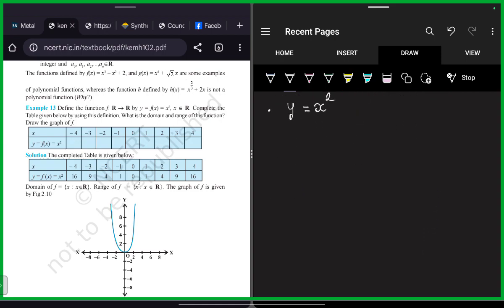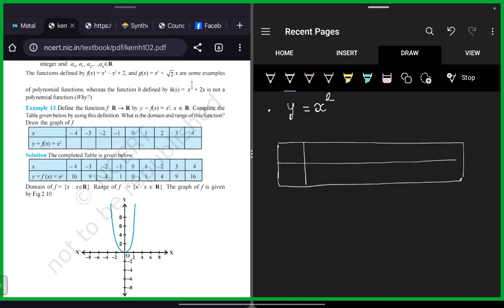Yes. So first of all, let's make a table, okay? This is a very easy method to draw the graph of a function, okay? Now first of all, plug the values of x, okay? Let's start with minus 1. Here let's write y and x, okay?